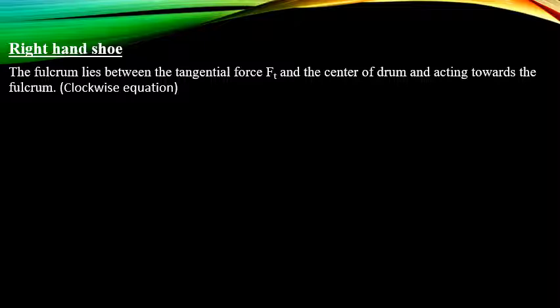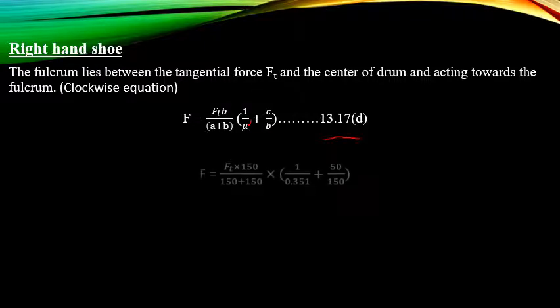So therefore we need to take the equation for the clockwise rotation of the drum. From the design data handbook, we have equation number 13.17b, that is capital F is equal to Ft by A plus B into 1 by mu plus C by B. Here we need to replace mu by mu dash, because the angle 2 theta is greater than 60 degrees.